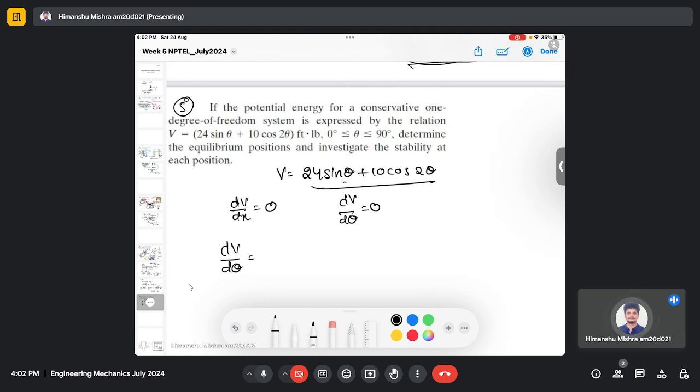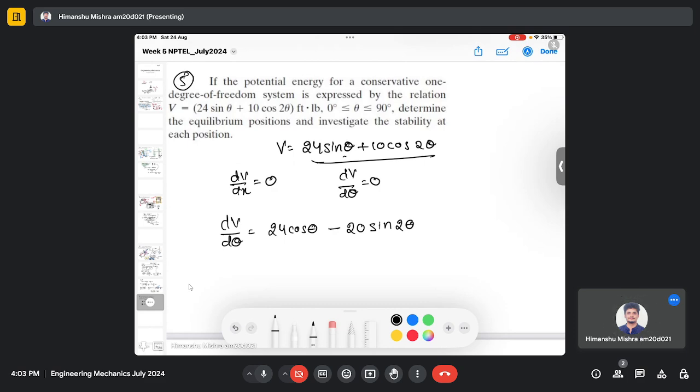When we differentiate, we will get 24 cos theta minus 20 sin 2 theta. Now if the system is in equilibrium, then dV by d theta should be equal to 0, which means this expression should be equal to 0. So 24 cos theta minus 20 sin 2 theta equals 0.